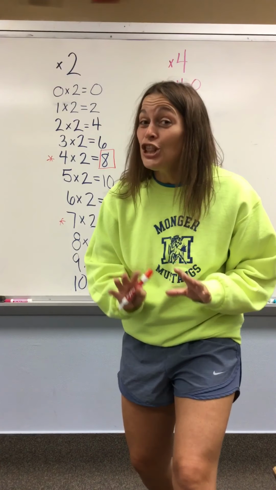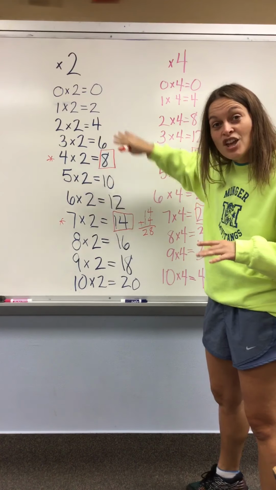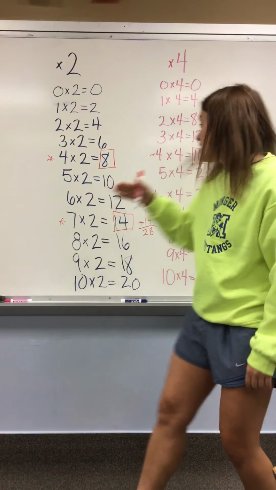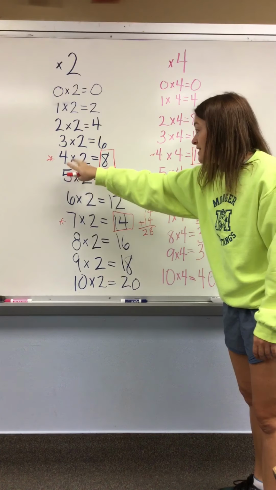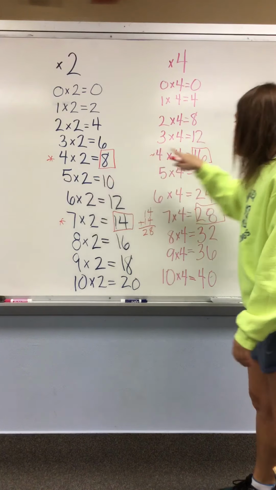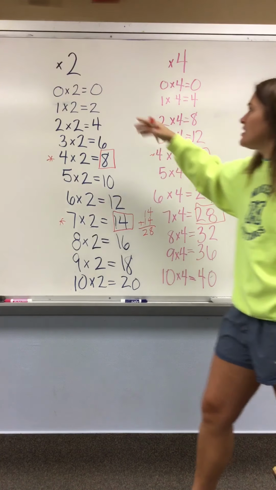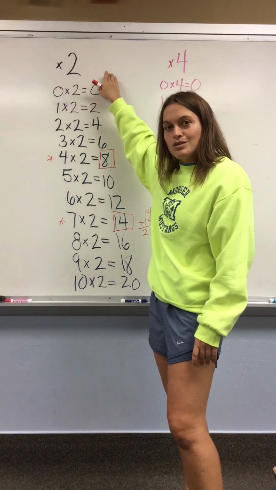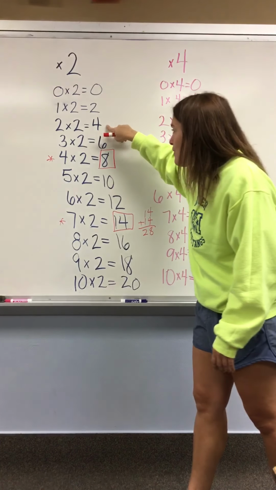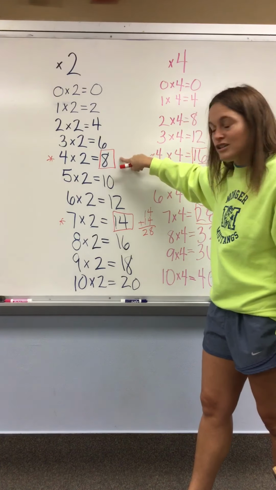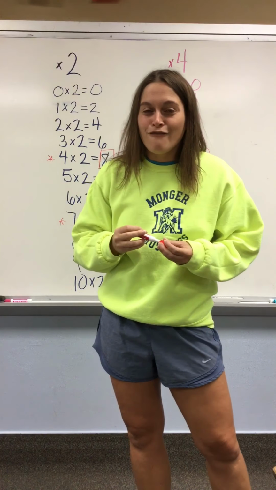So, if you can learn and master your times 2 facts, you are one step closer to learning your times 4s. Because we're taking this, and look, it just gets doubled. And that makes sense because 2 times 2 is 4. So if you know how to multiply by 2, you'll know how to multiply by 4.